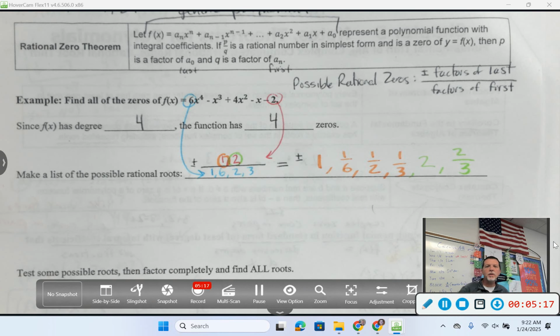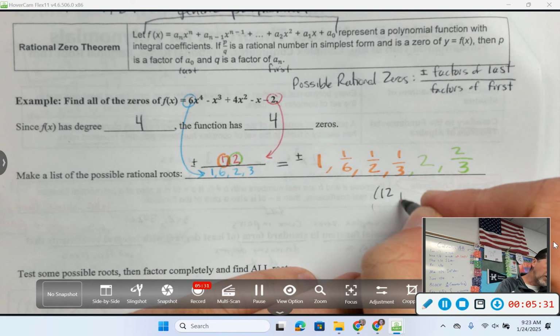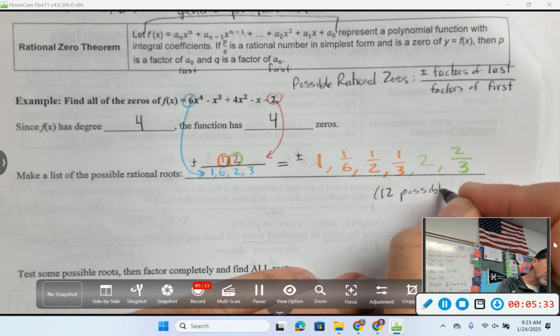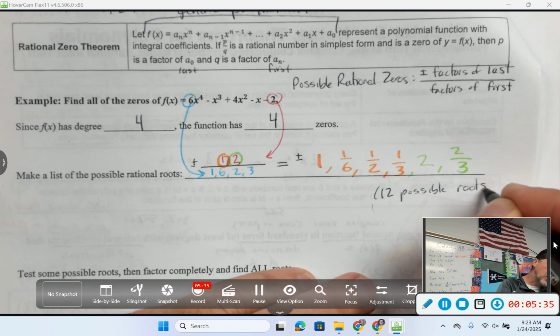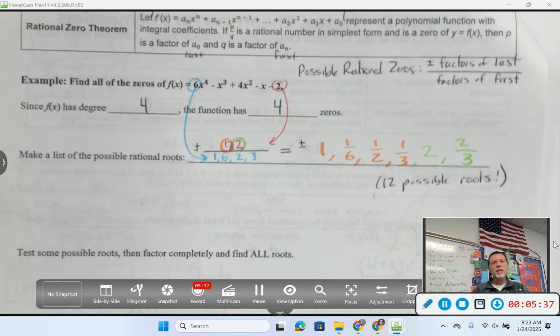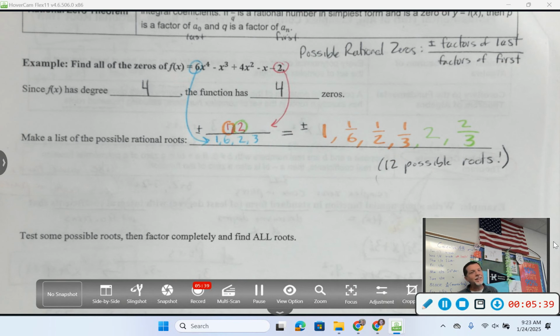All right, so how many possible rational roots do I have? That's what I expected everybody to say. 12. Why 12? The plus or minus. So 12 possible answers, or possible roots. So it's guaranteed that not all of those will work.